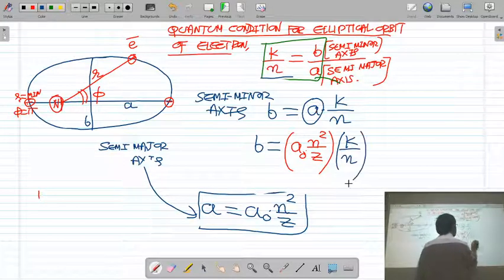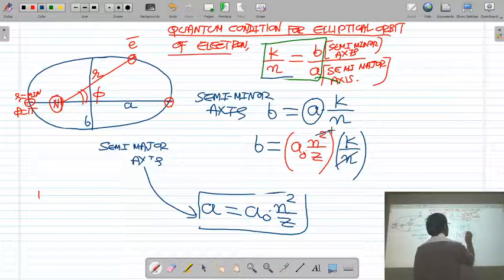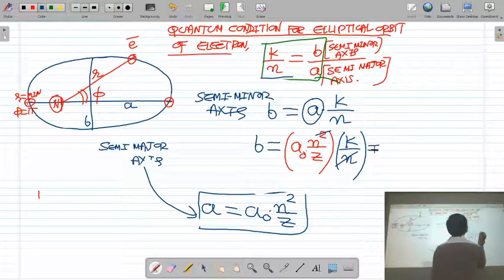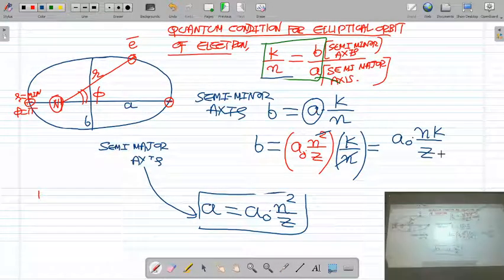One n is going to be cancelled, so we get the value of b is equal to a0 n k upon Z.